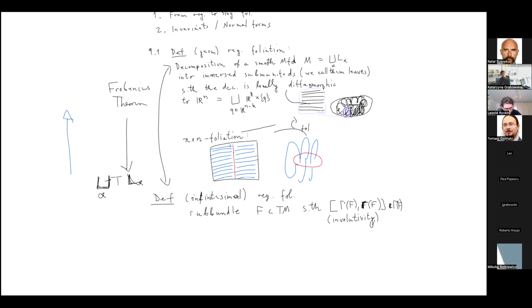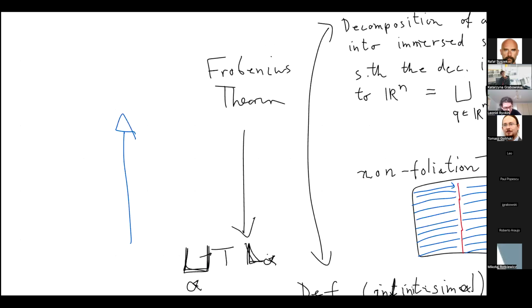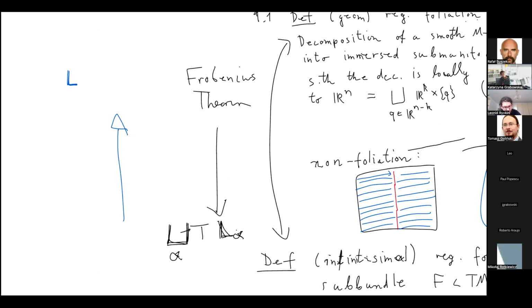So let's say we want to say what is the leaf through some point P. P is a point in the manifold. And we just say it's phi of x at time 1 of P, where x is a vector field in the foliation.